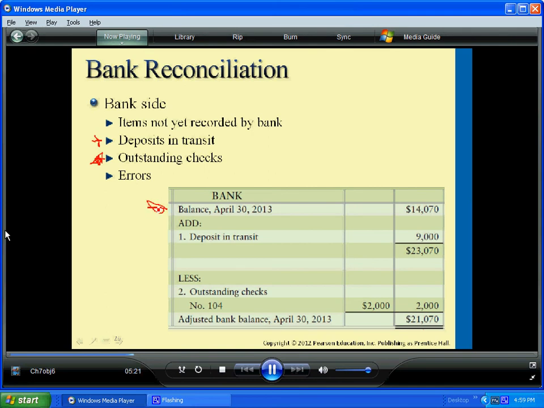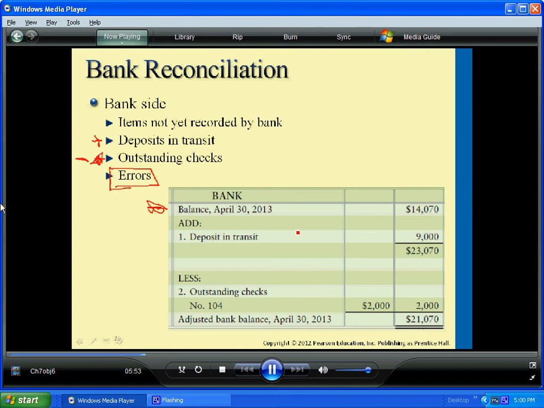And the fourth item on the bank side of the reconciliation would be errors. These are bank errors. Bank errors can either be added or subtracted from the bank side of the reconciliation. If they recorded a check in error, we have to correct for that.